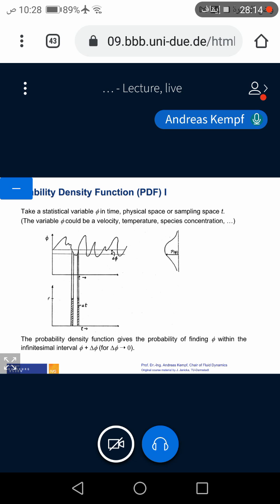So let's introduce one concept. Let's introduce a probability density function. This is a distribution function for continuous quantities or a continuous random variable. We take a random variable or statistical variable phi, and we plot this over time. So vertical axis phi, horizontal axis time.